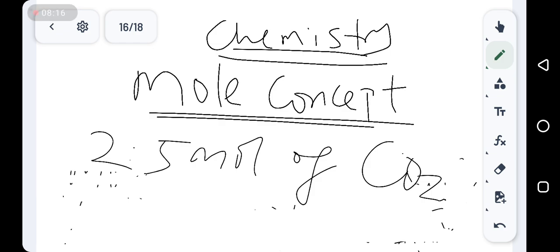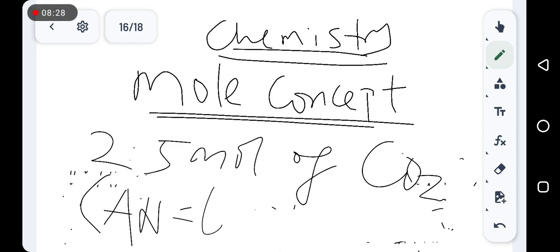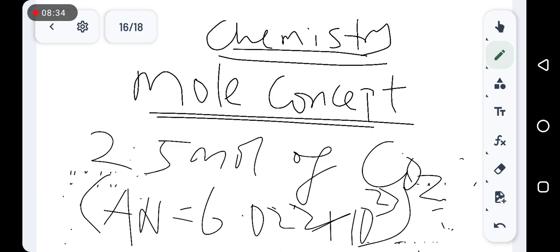We are asked to calculate the number of particles in this CO2. In brackets, we are given that the Avogadro's number is 6.022 times 10 raised to the power 23. In case you are not given this, you should be able to remember this number all the time. Avogadro's number is equal to 6.022 times 10 raised to the power 23.